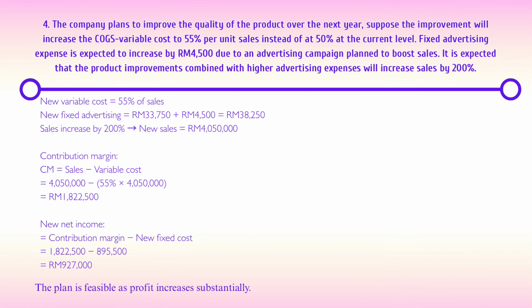This leaves us with a new net income of 927,000. It is important to note that while we are spending more on materials and ads, our massive increase in sales volume makes this move very profitable. In short, this plan is definitely feasible. The data shows that the boost in quality and marketing will lead to a substantial increase in our bottom line.